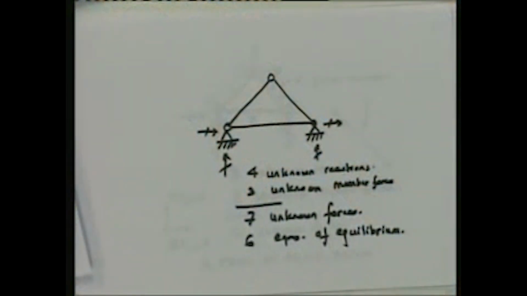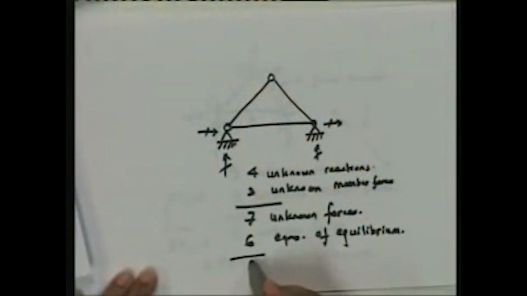Let's go back to this problem. How many unknown forces? 7. How many equations of equilibrium? 6. What is the static indeterminacy? Well, subtract the equations of equilibrium from the number of unknown forces and you have the degree of static indeterminacy.